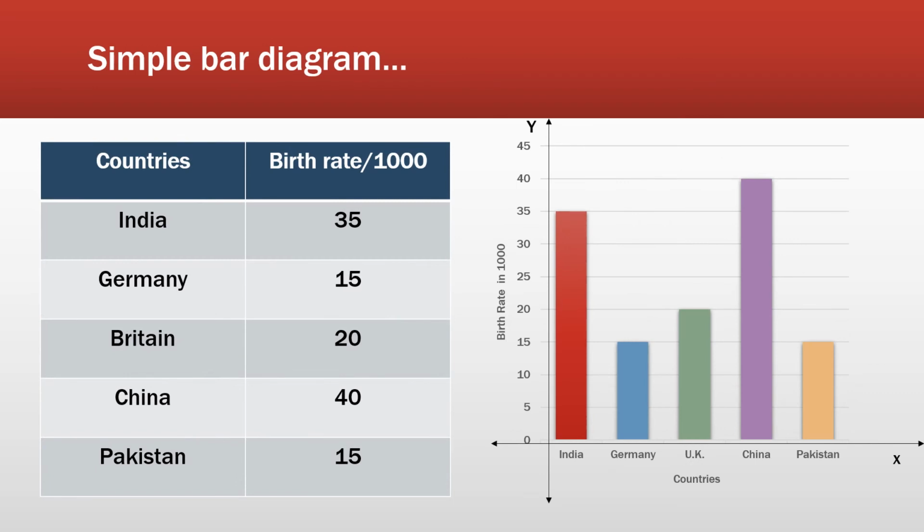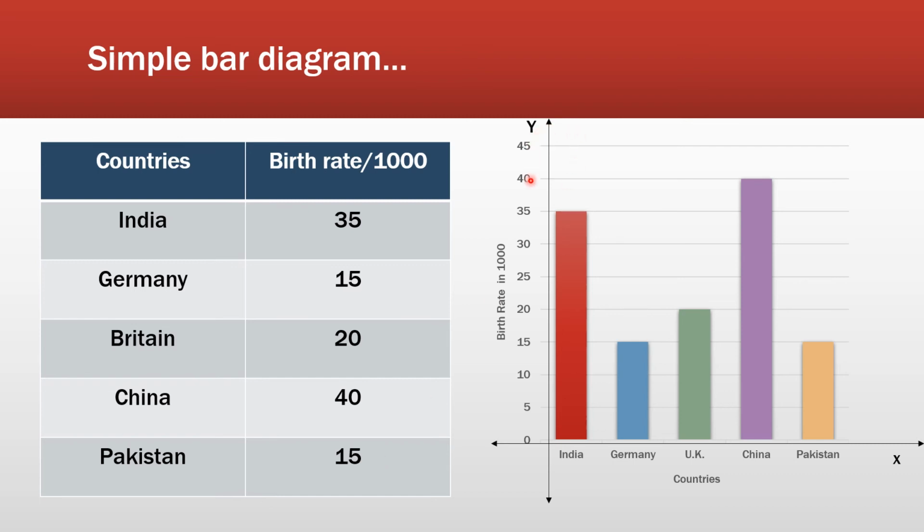Here we have a simple bar diagram. We have a table, and this table is represented in the form of a diagram. This here is the tabular representation of data, and this here is the diagrammatic representation of data. In the table we see various countries and their birth rates given. We're going to represent this in the form of a diagram.